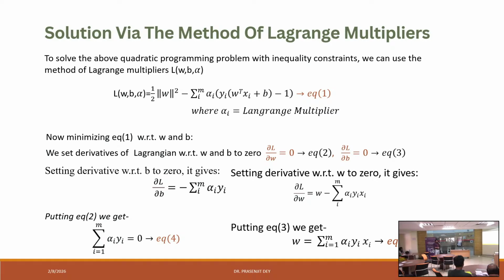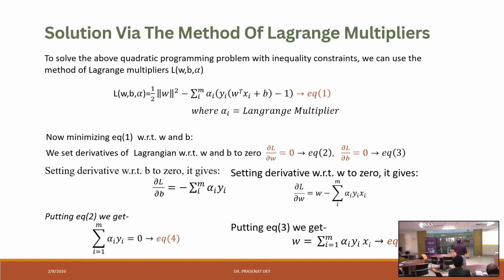Now, let us go forward and try to work with the optimization equation. This is a simple mathematical equation which we can differentiate with respect to b and w. We can set it to 0 and we are going to get an expression. So this was my equation.